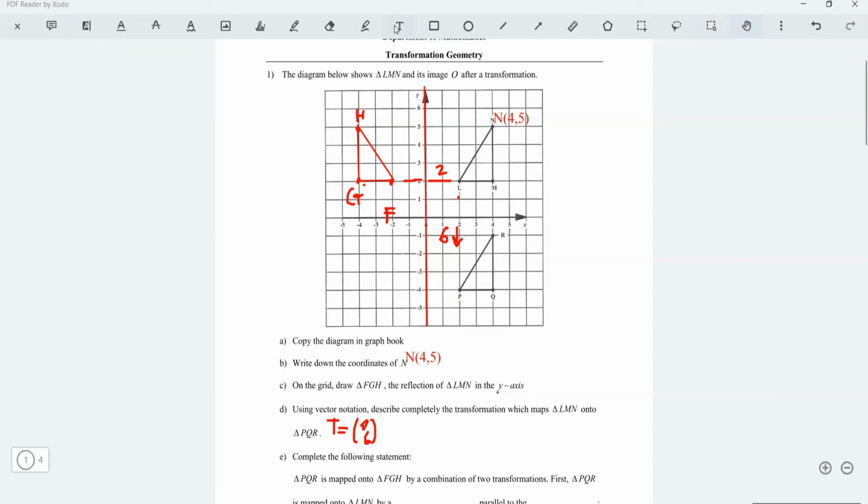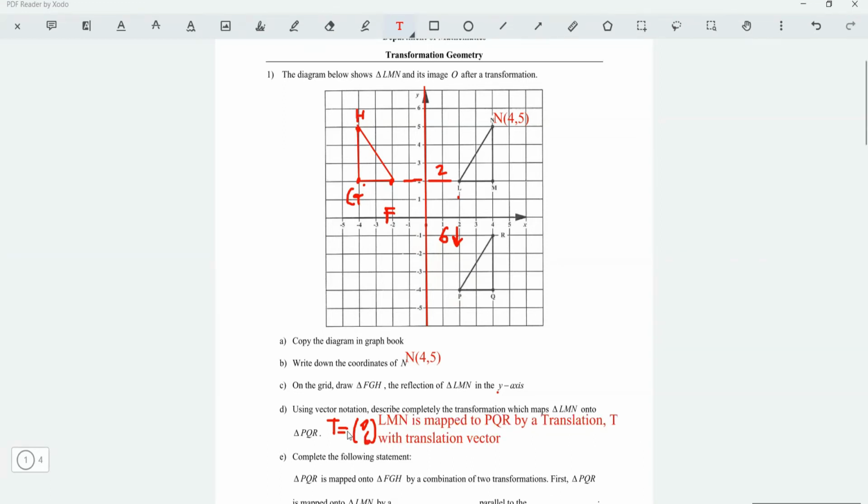You need to tell them that LMN is mapped onto PQR by a translation T with translation vector (0, 6).